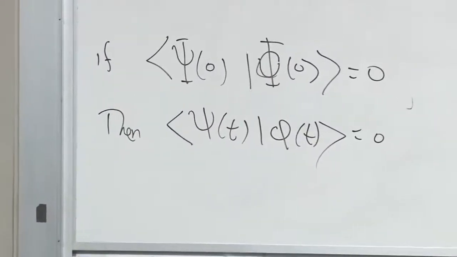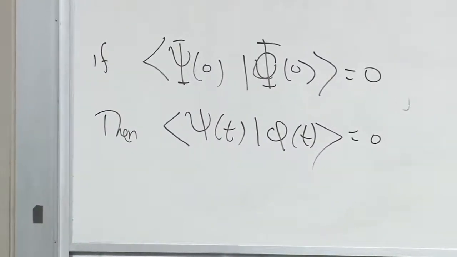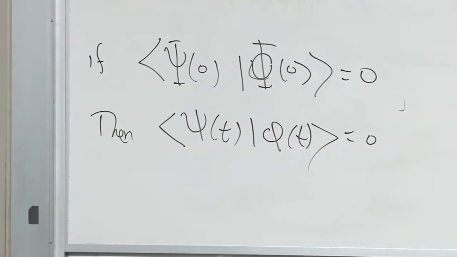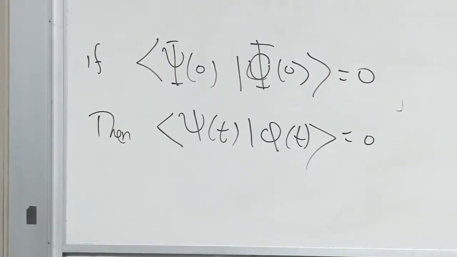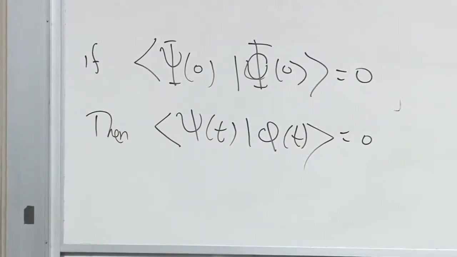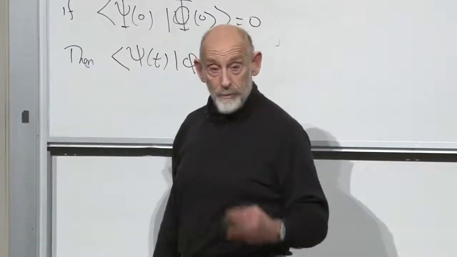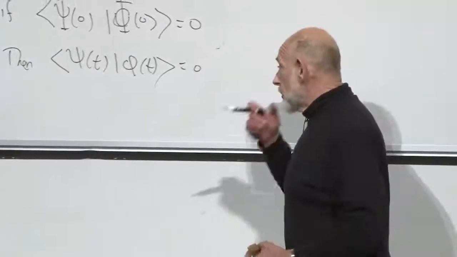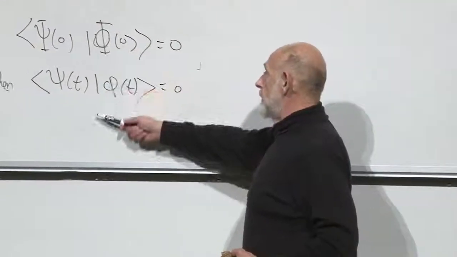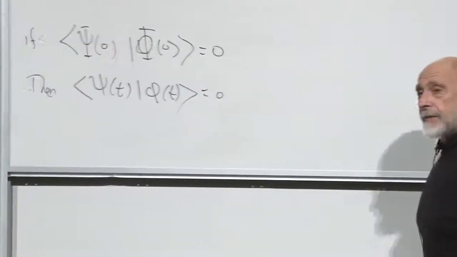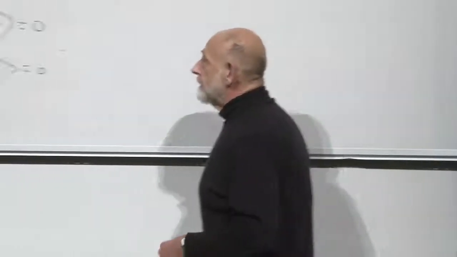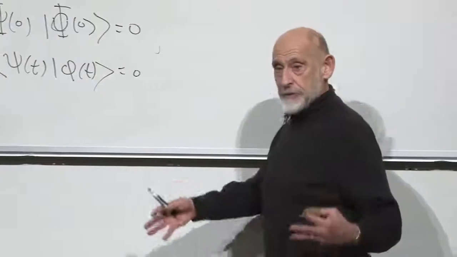You take any two vectors, you expand them in basis vectors, and then you assume that the basis vectors remain orthogonal with time. Then you can prove that the inner product of any two vectors is time independent. Right? So it follows from the evolution of orthogonality that the inner product between two states remains the same.